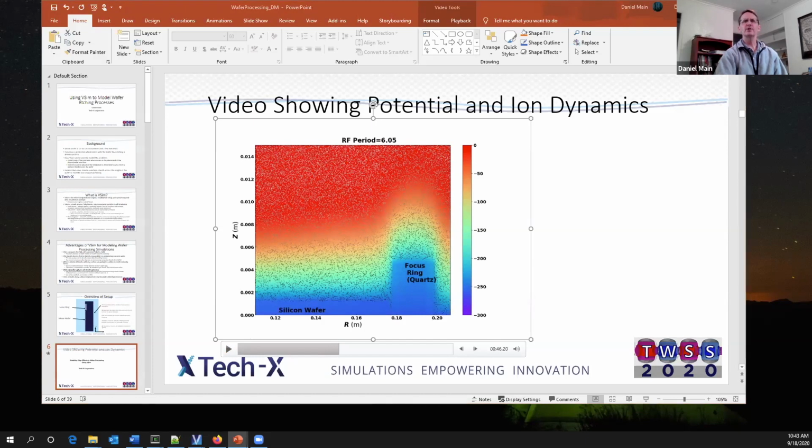So there's a question: what is the trade-off between a focus ring and an axial static magnetic field to do the same task? I have never played with any sort of external magnetic field for these, so I don't know what the answer to that question would be.